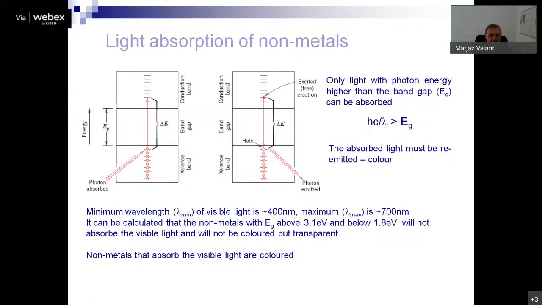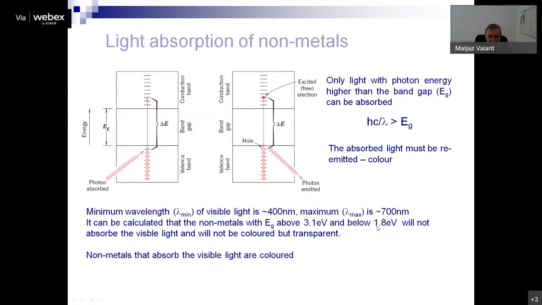So what happens next? Or let's first say, we have already defined the wavelength limits for visible light, from 400 nanometers to 700 nanometers. So from that and this expression here, we can easily calculate which band gaps will be able to absorb visible light.